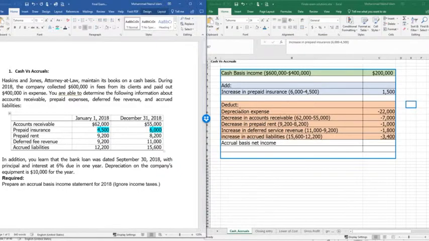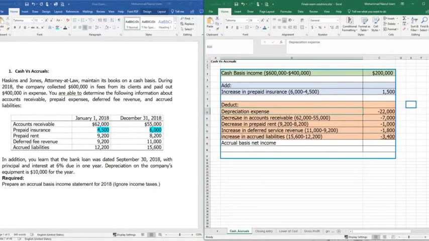It's an increase, so we have added this one, and subtract the depreciation expense. Then the decrease in accounts receivable, you can see the information over here, and the decrease in prepaid rent, the increase in deferred service revenue, and the increase in accrued liabilities.